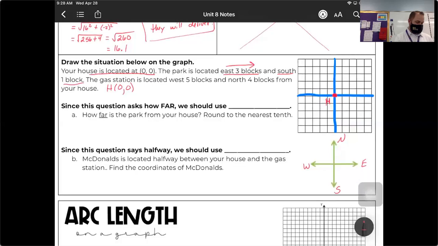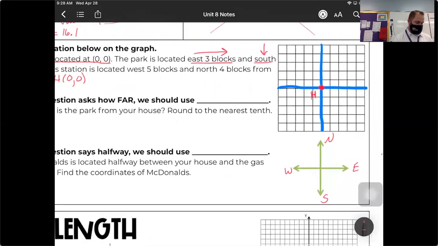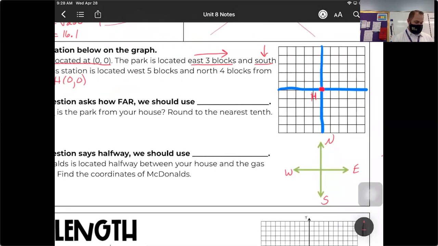South 1 block means we're going to go down 1. So I'm going to plot that point. From my starting point at my house, I'm going to go to the right 3, down 1. And that is the park. So I'm going to label it with P for park. Yep, south 1 block.